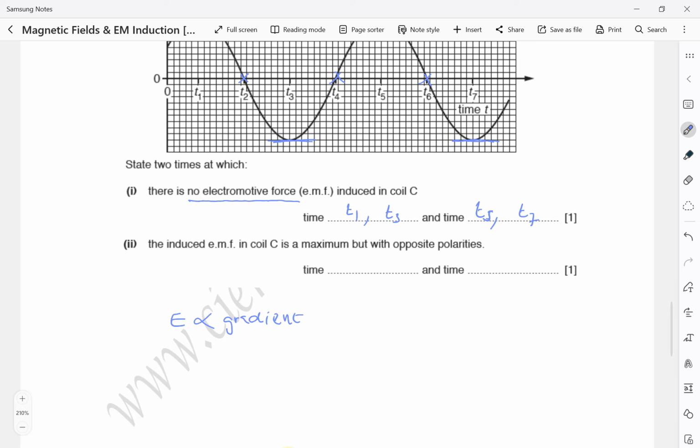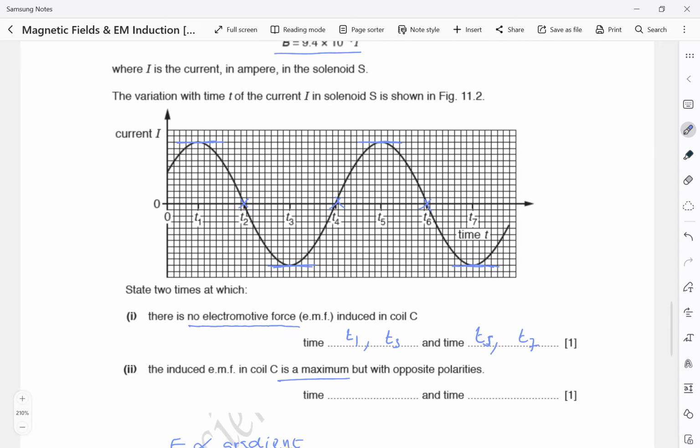Okay, then the induced EMF in coil C is a maximum, but with opposite polarities. So where the gradient is maximum, the induced EMF is maximum. But you notice that the gradient here is negative, the gradient here is negative, the gradient here is positive. So here at T2, the induced EMF is maximum, but has the same sign as the induced EMF at T6 and also maximum.